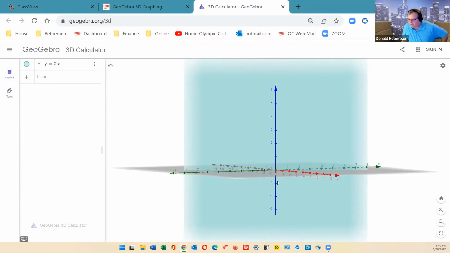2D into 3D isn't simple, right? The equation of a line has to take on a new meaning and a new way of doing it. So we are now going to look at how we, in fact, do the equation of a line in 3D.